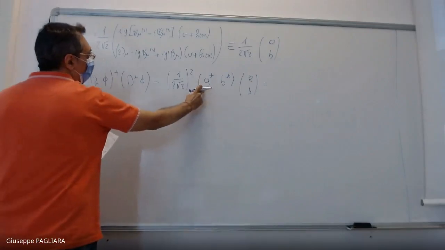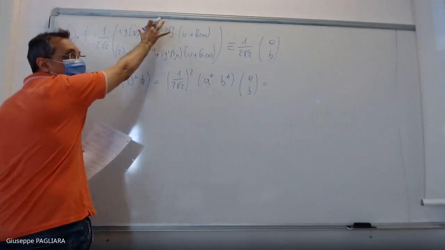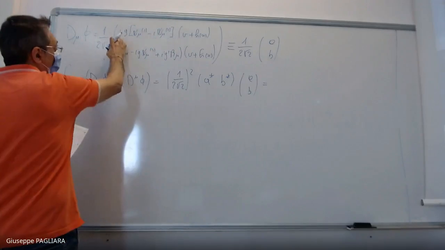Now, A star is the complex conjugate of this term here. So wherever we have i, we have to put minus i.